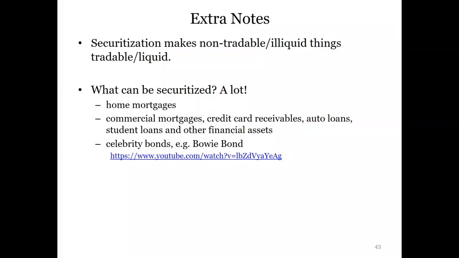Basically, he took a couple of his famous records, like songs and tracks, and he promised investors that if you buy Bowie bonds, you will receive all the royalties and income generated by my records in the future, for the next, say, 20 years or something. And you give me money today. That's how you can securitize celebrities' records and royalty income.